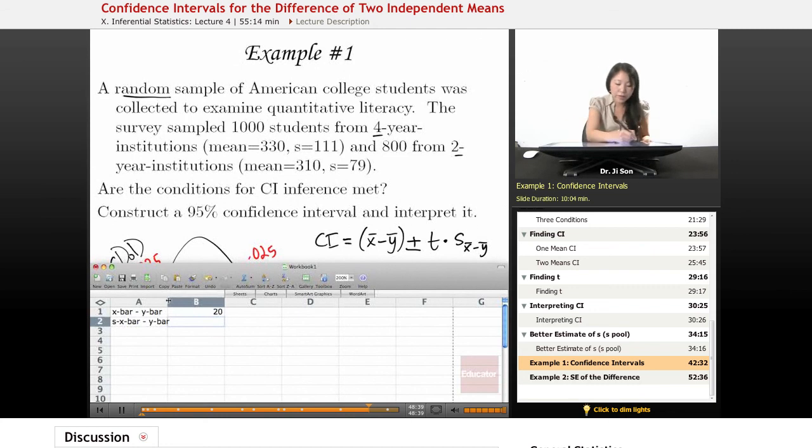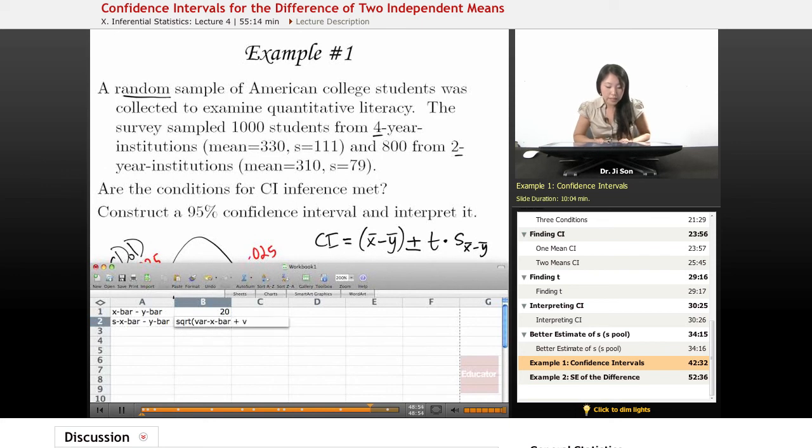Well, in order to find that guy, let's think about the formula. This is going to be the square root, and I'm just writing this for myself, the square root of the variance of x bar, right, plus the variance of y bar, right? And we don't have the variance of x bar and variance of y bar. So let's think about how to find the variance of x bar.